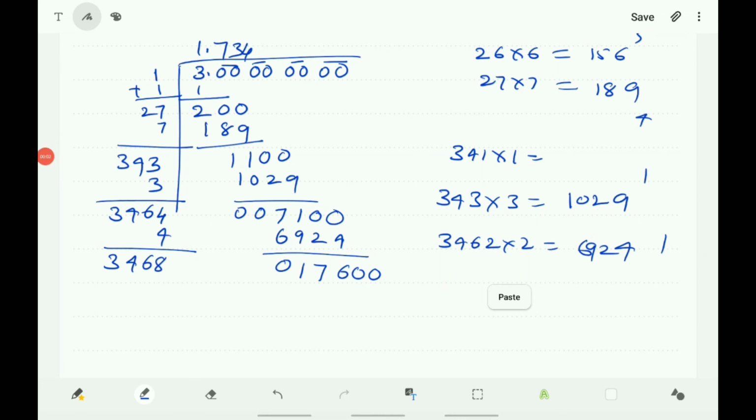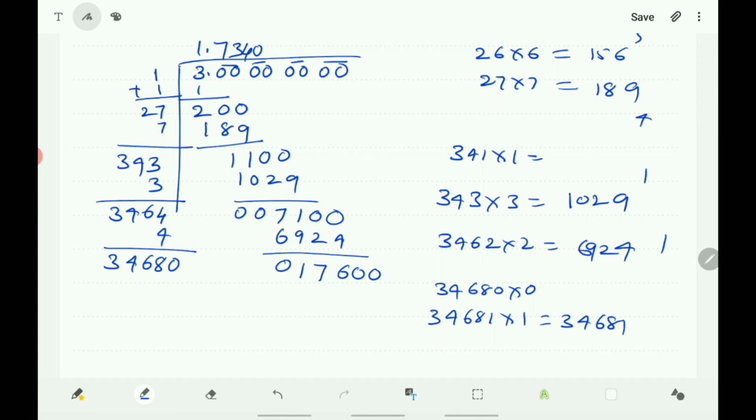So here 17600, that is 17,600. So if you put 3468 into 1 into 1, it becomes 34,681. You know that it is more than 17,600. So it is better to take 34680 into 0. So you put 0 here, put 0 here, it is 0 only.